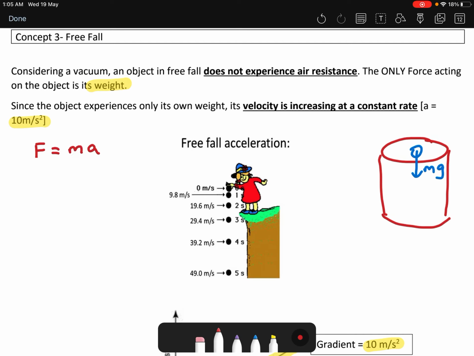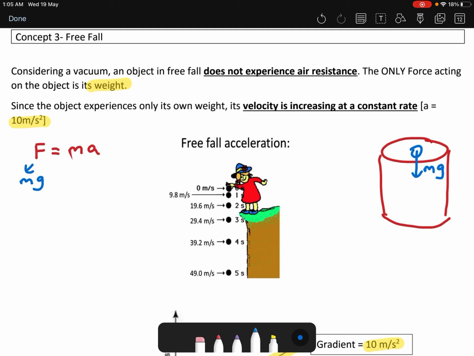Remember, F is your resultant force. Inside this vacuum chamber, the only force acting on the ball is the weight itself, and the weight is also your resultant force, because there's nothing to cancel out and nothing to add up.